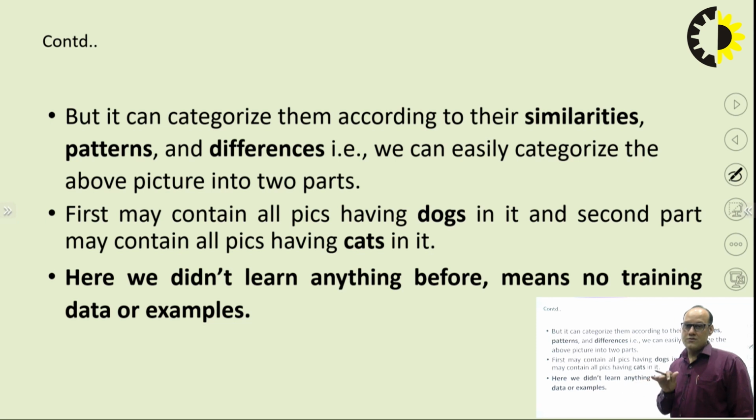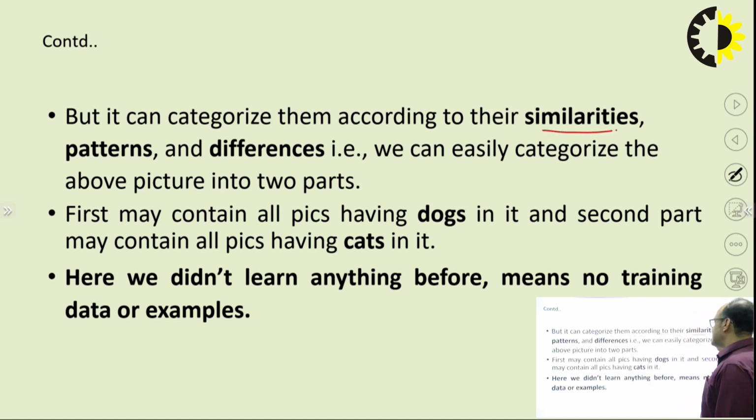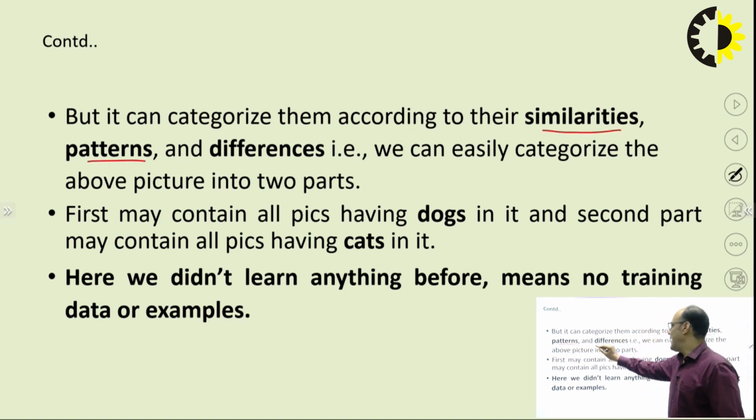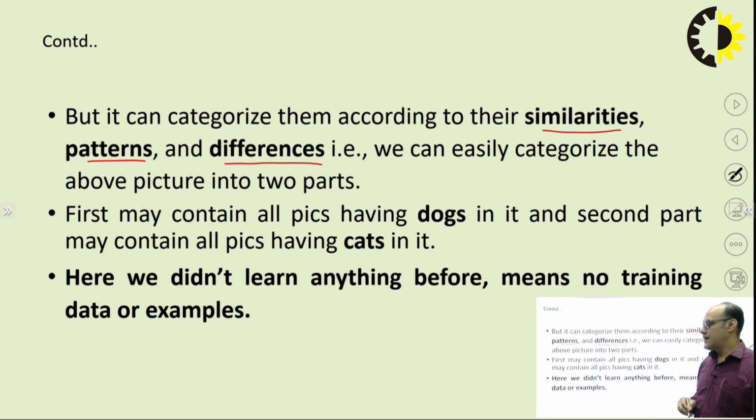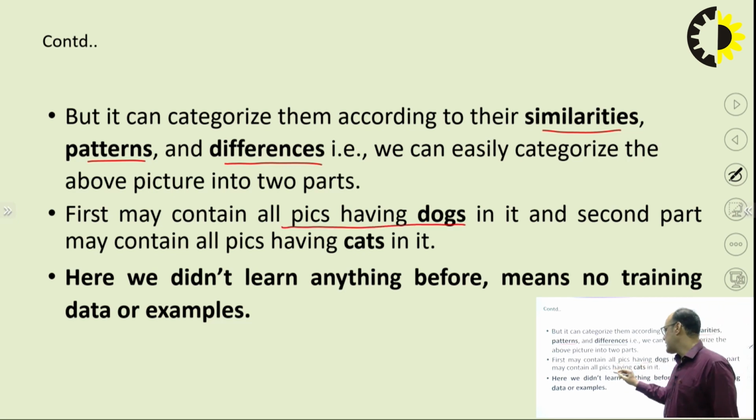On the basis of some pattern, such as the color of the dog or cat, the ear size, the tail, we can categorize on similarities, patterns, and differences. By seeing the pictures, we can easily categorize them. The first part contains all the pictures having dogs in them, and the second part may contain all the pictures having cats.